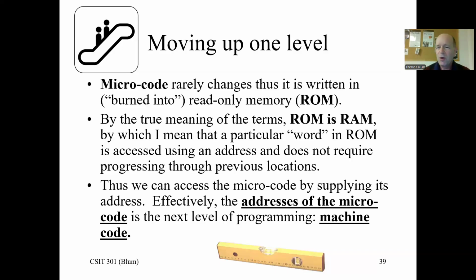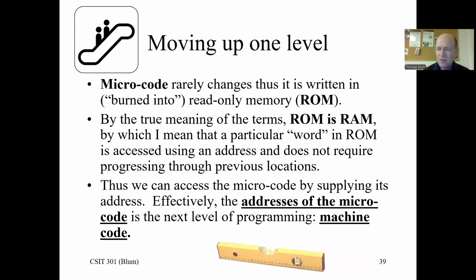When we want our ones and zeros to perform a particular instruction, and those ones and zeros are burned into ROM, what we need is the address in ROM of the steps to perform that instruction. Now we're at our next level of code.